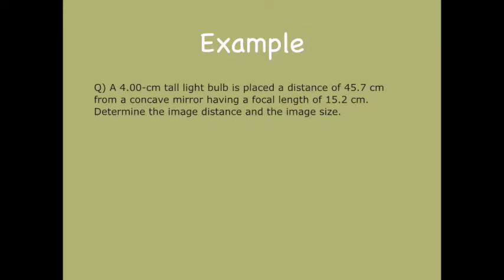So let's solve an example on this concept. Given below is a question. So from the question I have these values and I have to find out d and h.